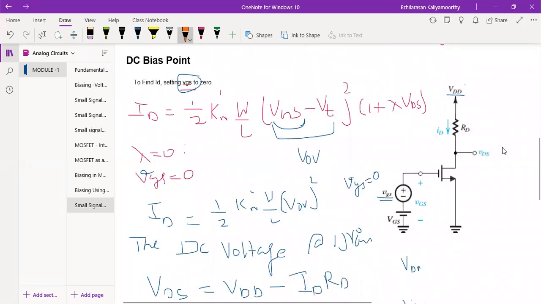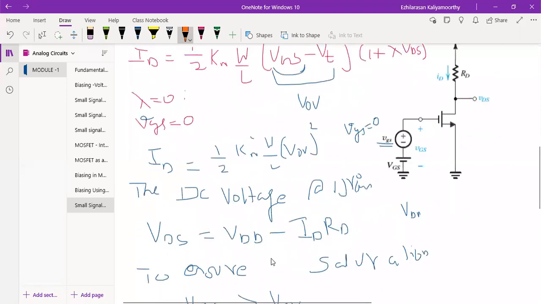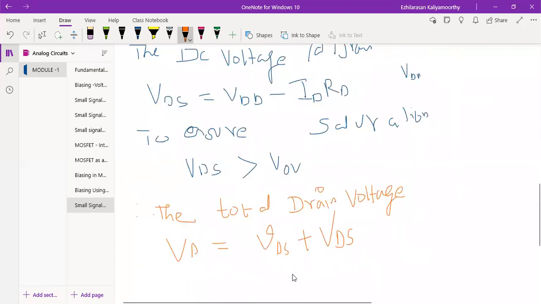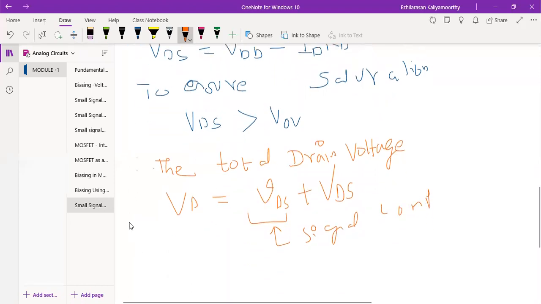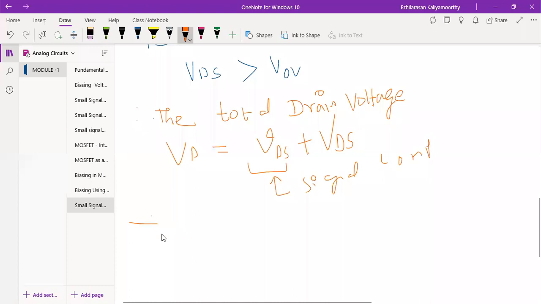Because here we have DC VDS, then the total drain voltage is nothing but VDS plus vds. Now from this I can say, what about this? This is nothing but a signal component.